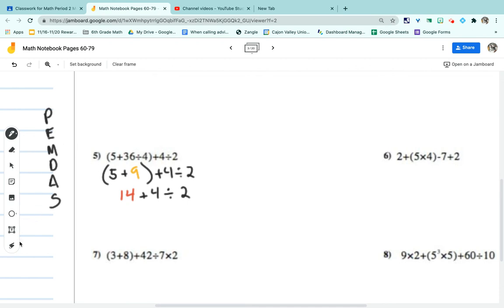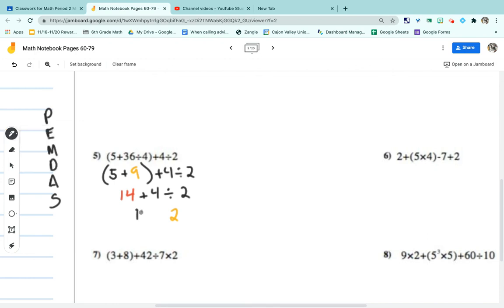Now, I don't have any exponents. However, I do have a division problem here. I don't have any multiplication, but I do have division. So that's what's got to come first, because division and multiplication come after parentheses and exponents. So 4 divided by 2 is what we're going to do next. 4 divided by 2 is 2.